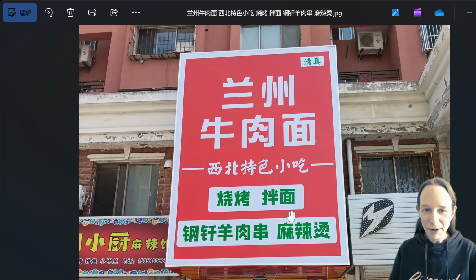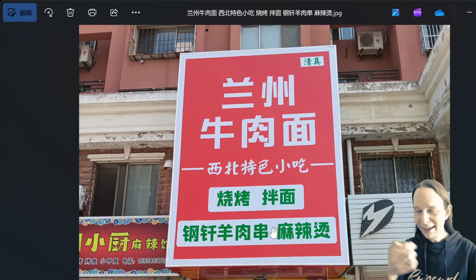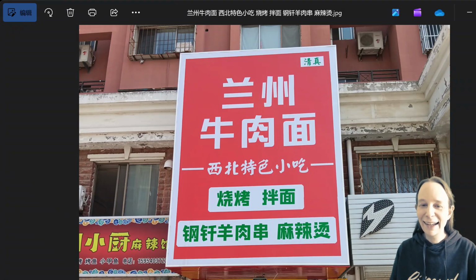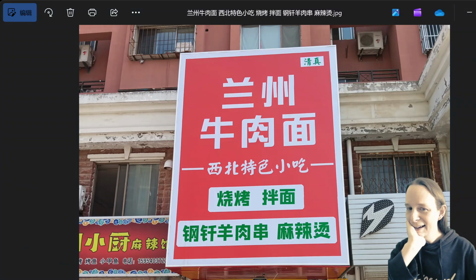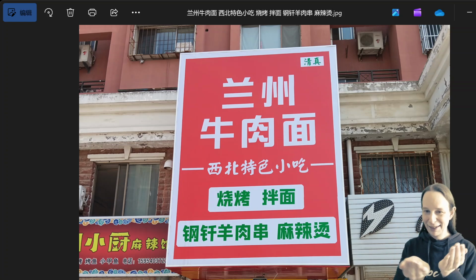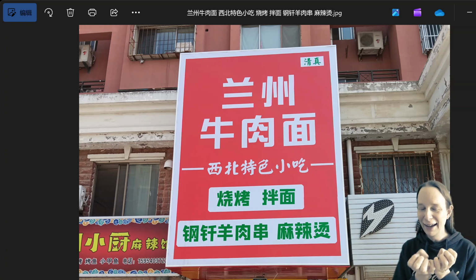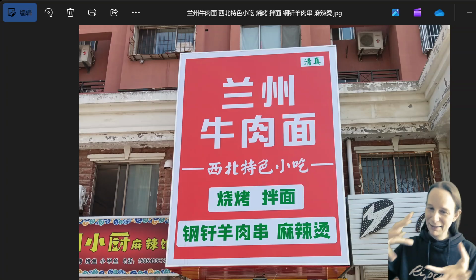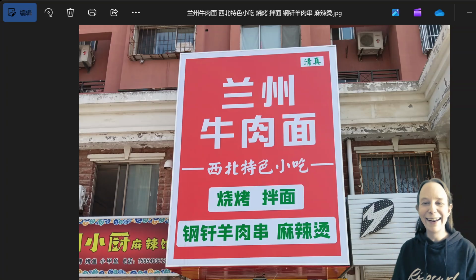Okay, 烧烤拌面. You probably know some of these, but 钢签羊肉串. We saw that on Google image search, and 麻辣烫. This is kind of like a hot pot. I don't know how to describe it.